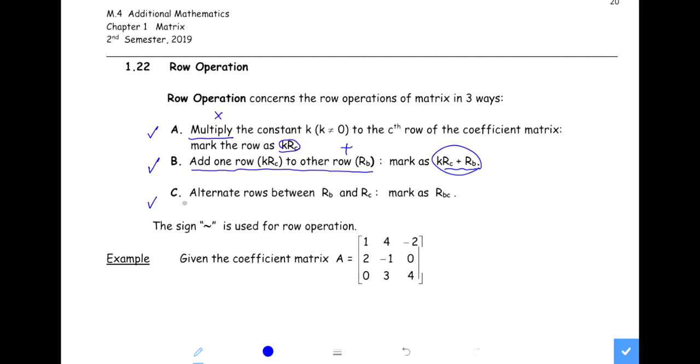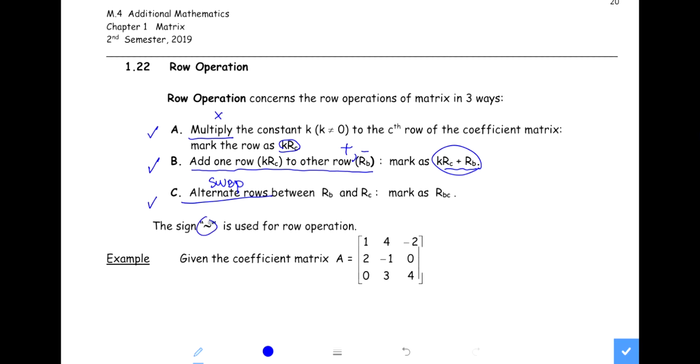And then you can alternate. Alternate means change, switch, swap. Let's say you want to swap row number 1 with row number 3, or swap row number 2 with row 1. So you can multiply, you can add or subtract, and you can swap them, right?